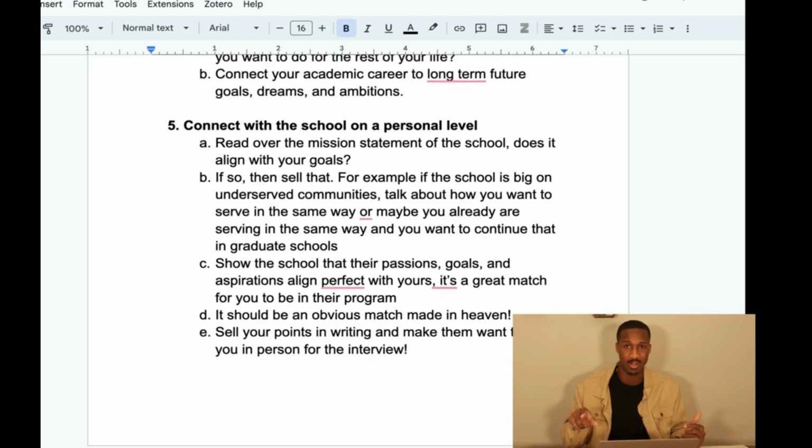This is where you talk directly to them about their goals and how their goals match with your goals, right? And in being able to showcase that, you're showing the school that their passions, their goals, their aspirations align directly with yours. They correlate with your own values, your own mission statement, and it is an obvious choice, a match made in heaven, that they should choose you and you should choose them, right? Sell those points in writing and make them want to meet you in person, all right?